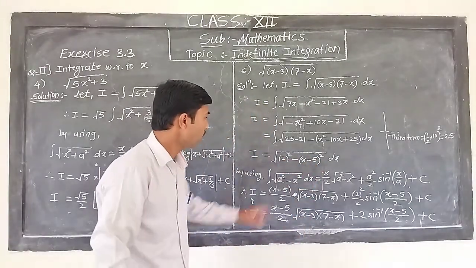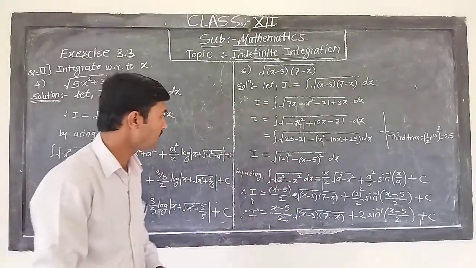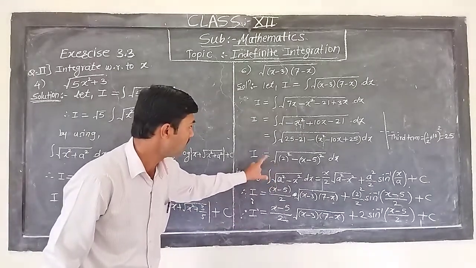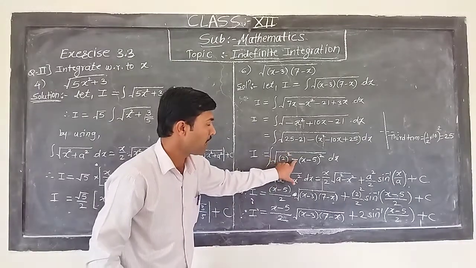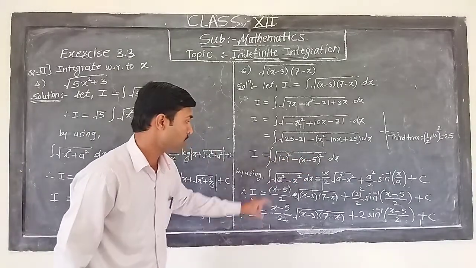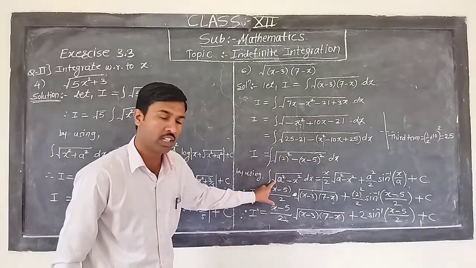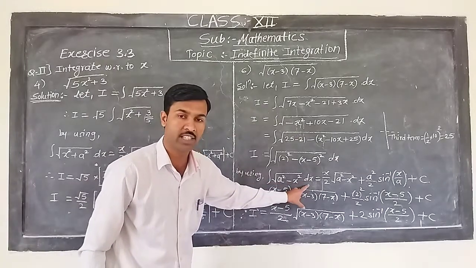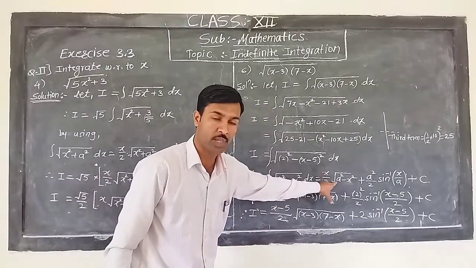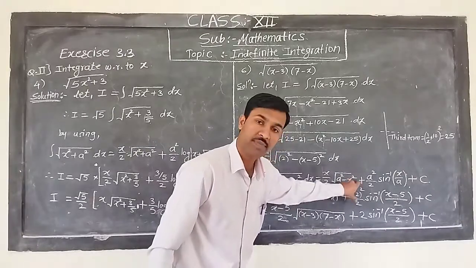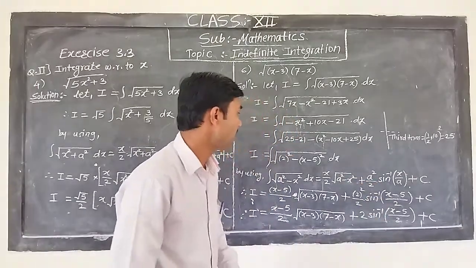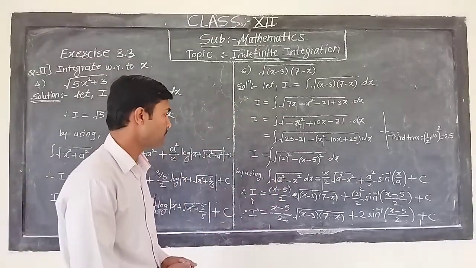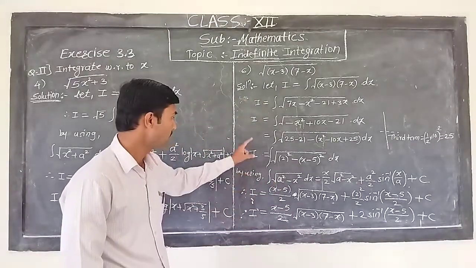Okay, if you observe this term, you will observe that it looks like the integration of under root of a square minus x square into dx, and the formula for the integration of under root of a square minus x square dx is x upon 2 into under root of a square minus x square plus a square by 2 into sine inverse of x upon a plus c.